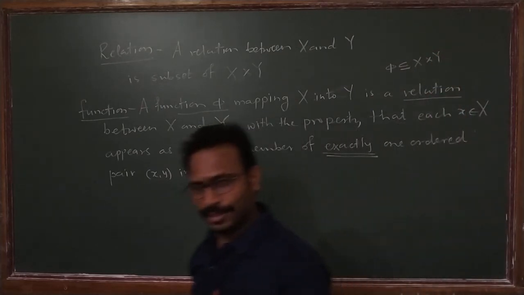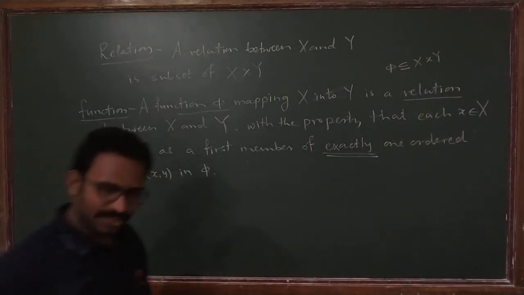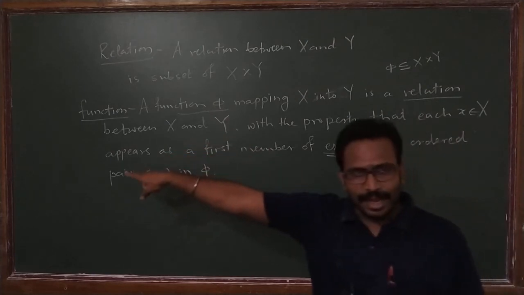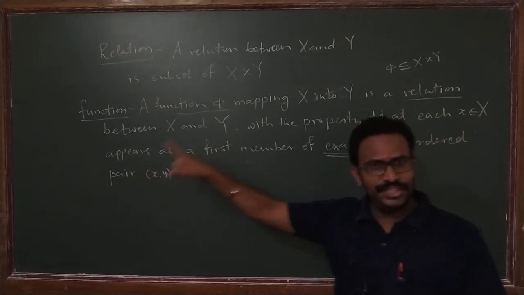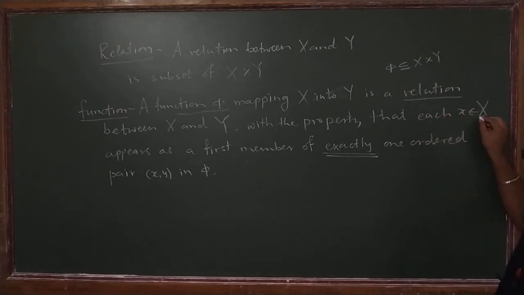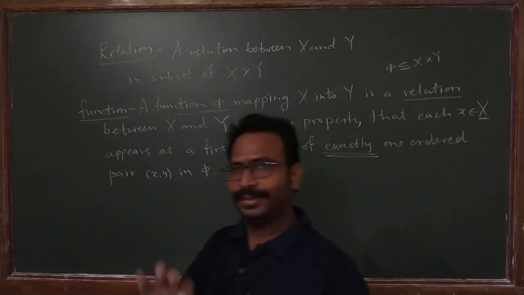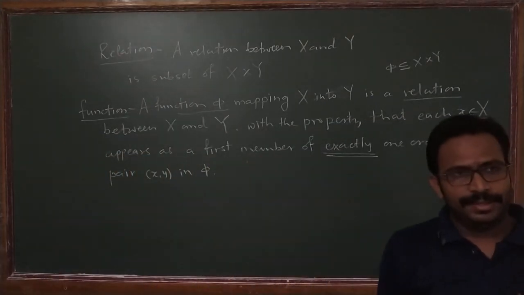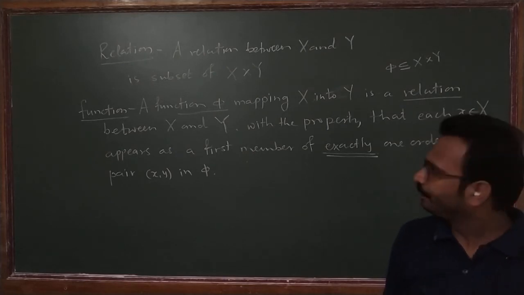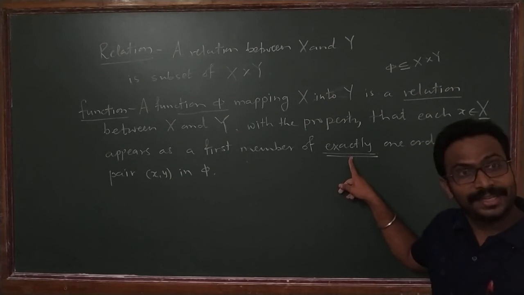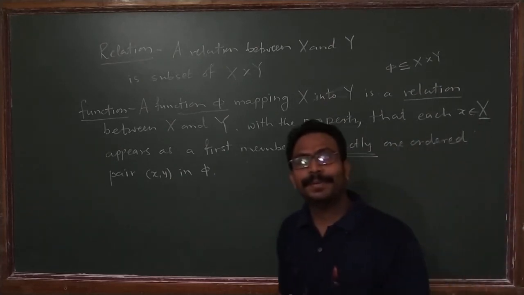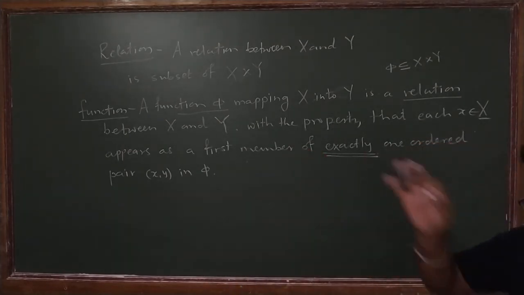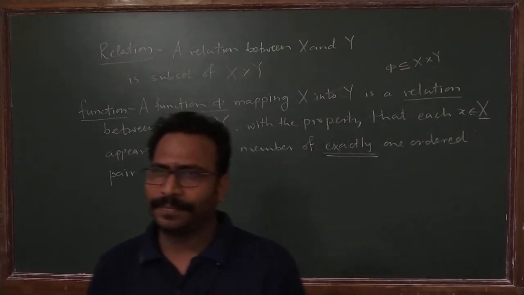It is a relation, but with some restriction. What restriction is there? Each x in x, if it is an element of x, will be the first member of ordered pairs, but it should appear as first member for exactly one ordered pair. It means the definition of function is exactly the same as the definition you have studied earlier. What is the definition of function?